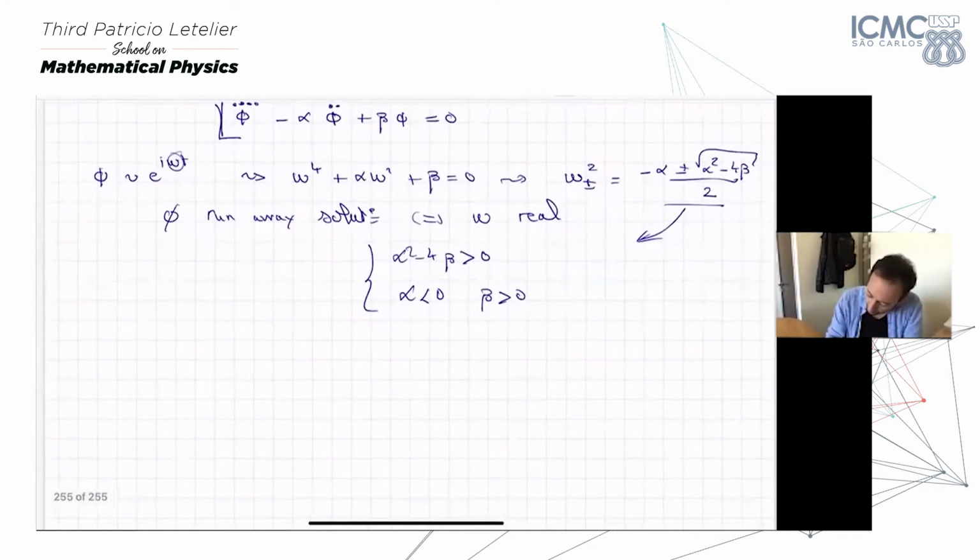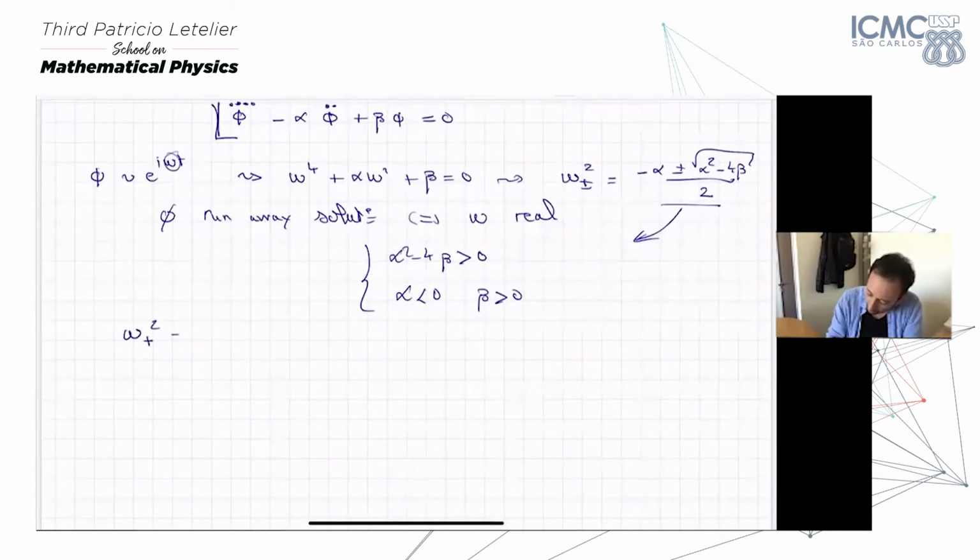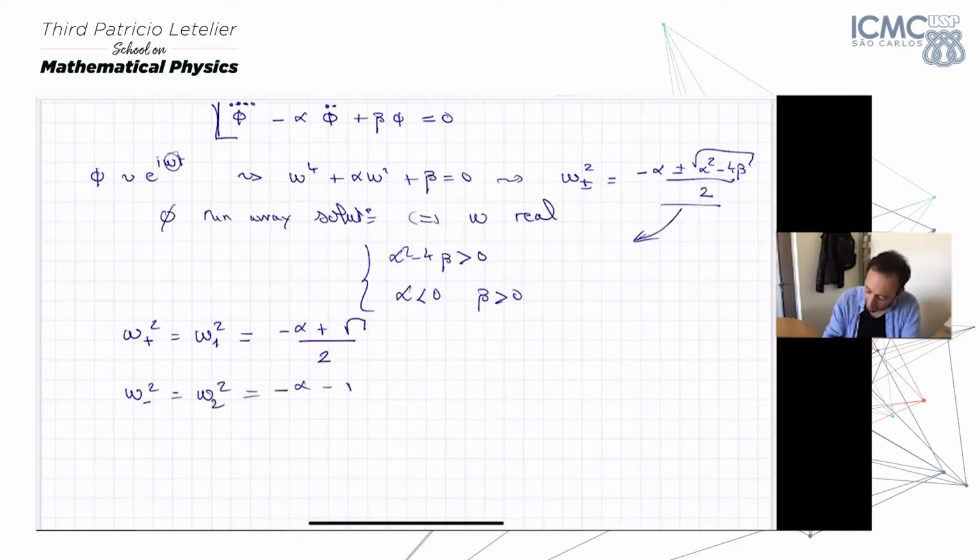The omega plus squared, I will call it omega 1, equal to minus alpha plus the square root divided by 2. And the omega minus squared, I will call it omega 2, which is minus alpha minus the square root over 2. From that, I can deduce alpha and beta: alpha is minus omega 1 squared plus omega 2 squared, and beta is omega 1 squared times omega 2 squared.